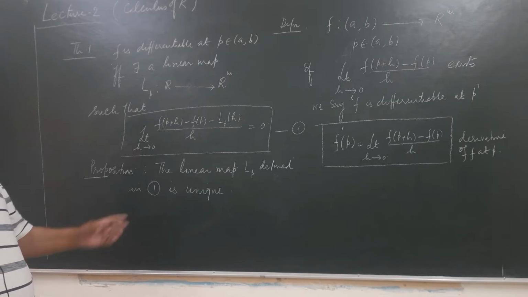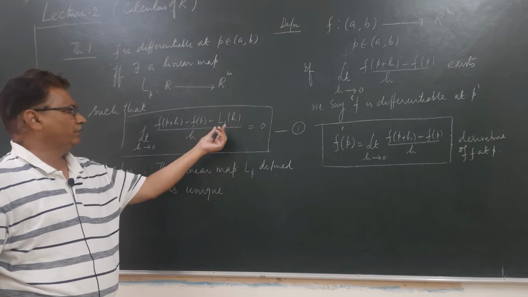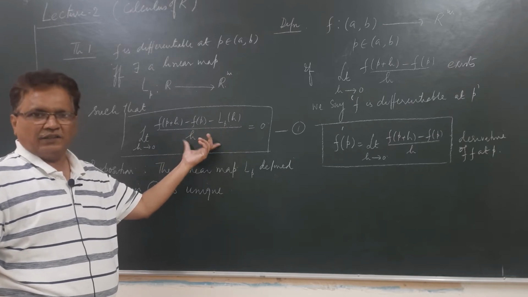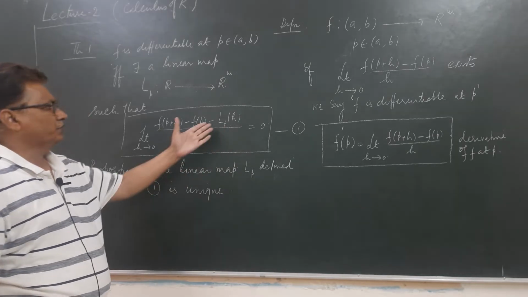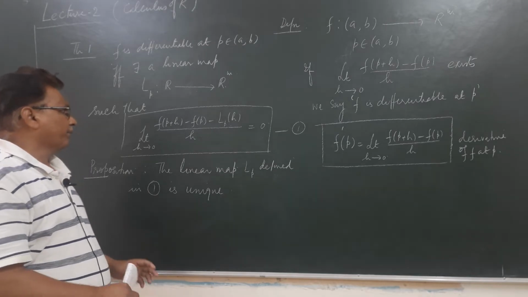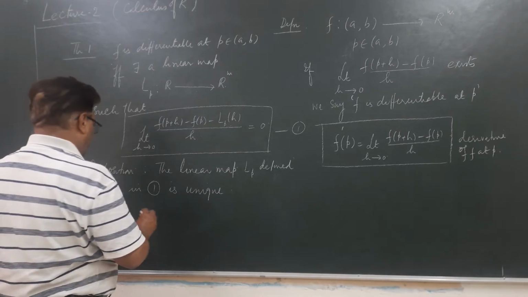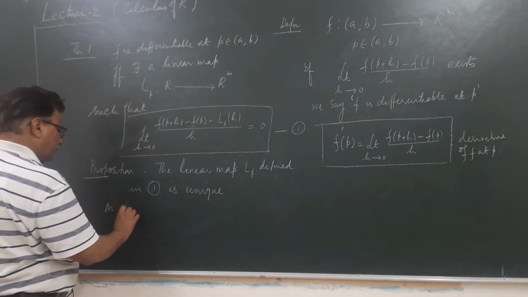The proof is easy. Suppose there are two linear maps satisfying this condition; take the difference of the two, and you will notice that Lp comes out to be unique. Now, Lp is linear.